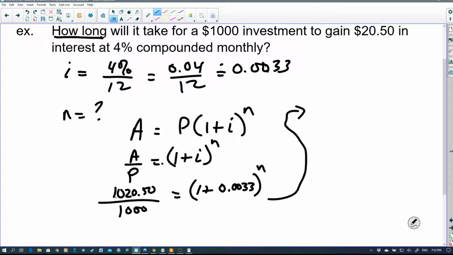We're just moving the decimal place 3 spots to the left, so 1.0205. And we can add the 1 plus 0.0033 as well, so that's 1.0033 to the power of n. And we have to now isolate an exponent. So to isolate an exponent, we need the anti-function to an exponential, and that anti-function is a logarithm. So we're going to log both sides.